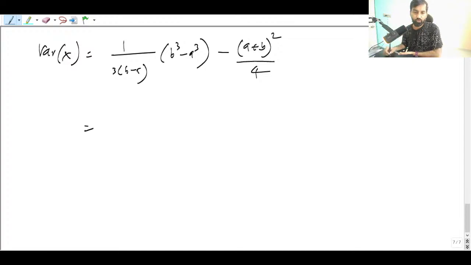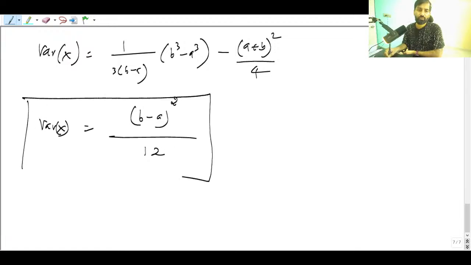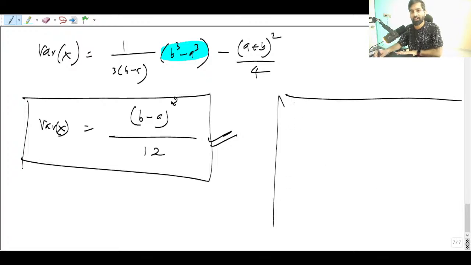Okay, so you are going to get the result as b minus a whole square upon 12. So this is the variance formula. I'm not going to solve it, you can just solve it using this and this, understand? So b minus a whole square by 12 is the result for variance, right?